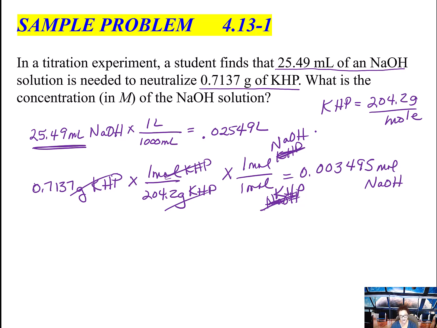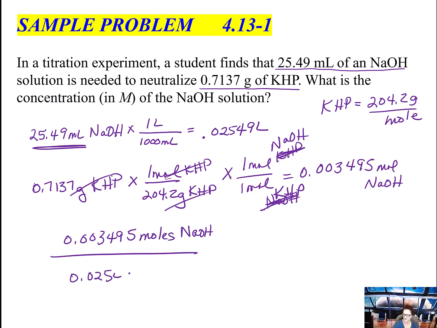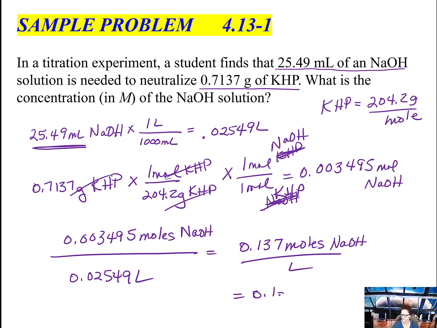Okay, to get molarity, we've got to divide those moles by liters. So we've got 0.003495 moles of sodium hydroxide in 0.02549 liters, and that will give us 0.137 moles of sodium hydroxide per liter, or 0.137 molar NaOH.